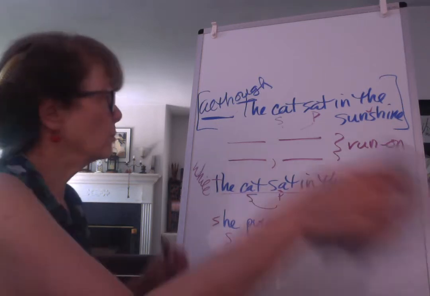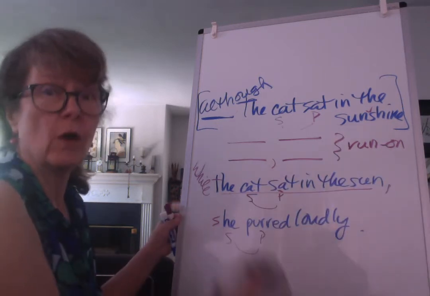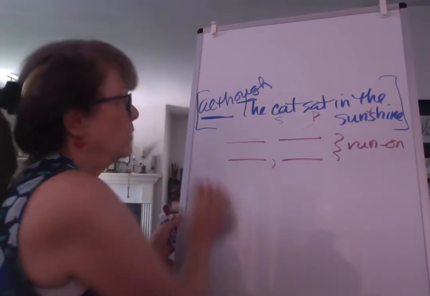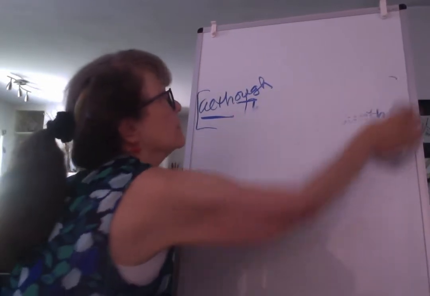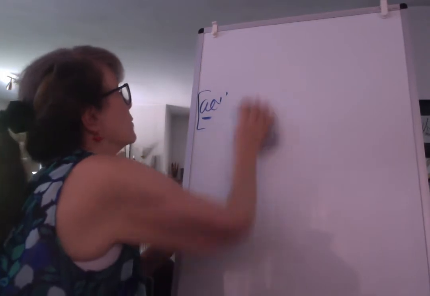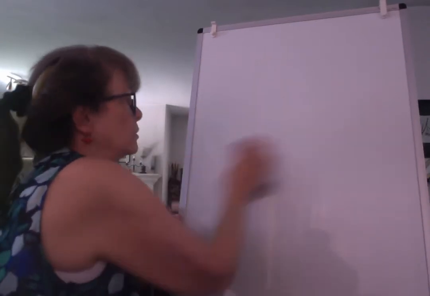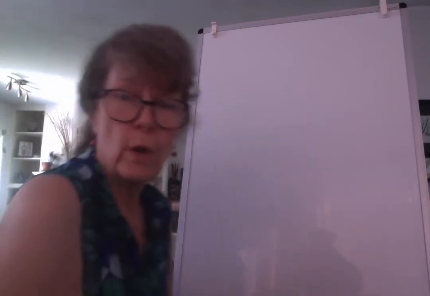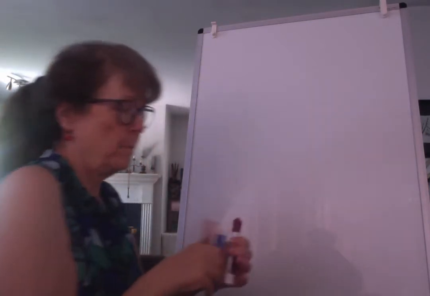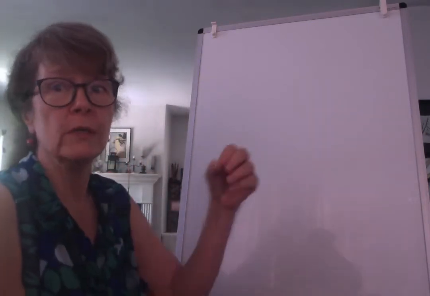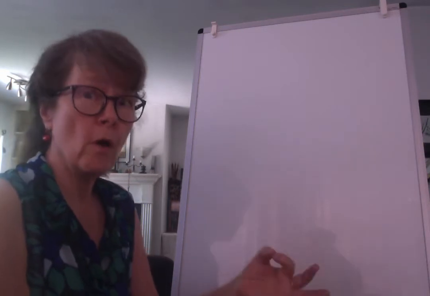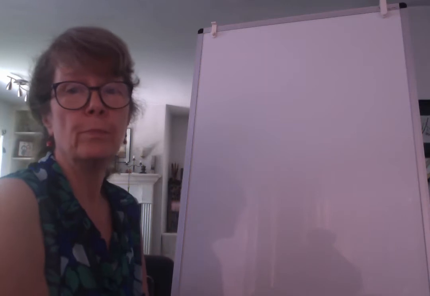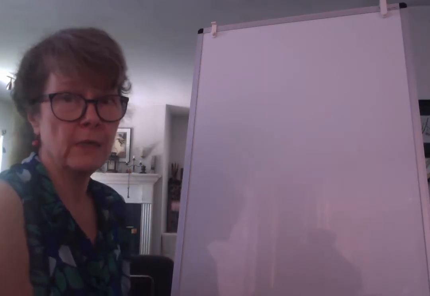Okay? So subordinating conjunctions are conjunctions because they join together main clauses. So this is an additional tool that we have for correcting run-on sentences. Remember before we talked about we could use a semicolon, we could use a comma and a fanboy, or we could just separate the two main clauses into separate sentences.